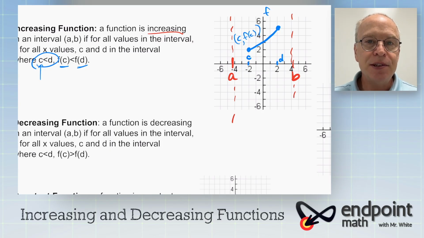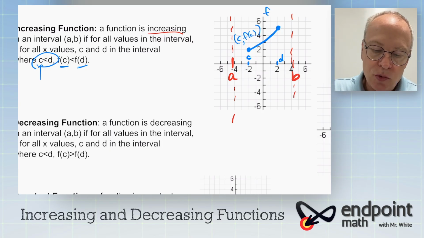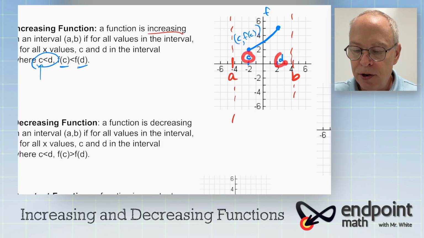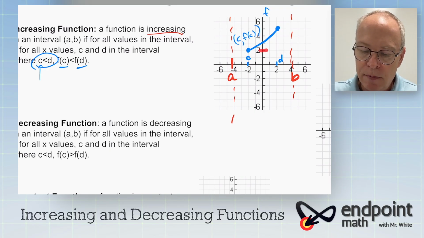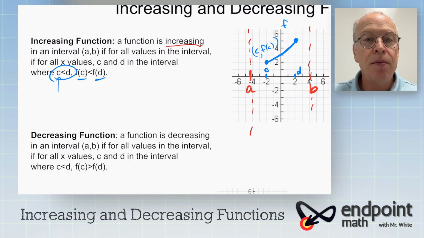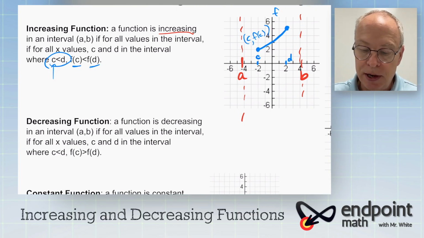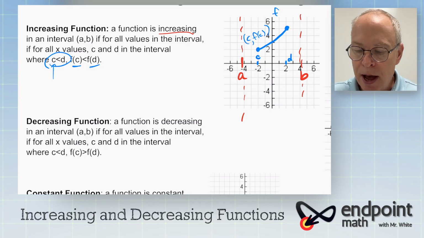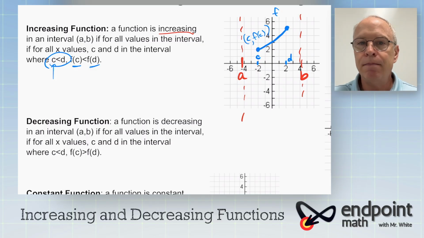If this is the case, that as we go left to right, c is under d, just like a was under b, and if the output of the first one is smaller than the output of the second one, this is the definition of increasing. And you can imagine if this were your bank account, it's increasing, right? That's all it is, it's going up and to the right in some way. Not going flat, or not going downhill, it is going up and to the right.